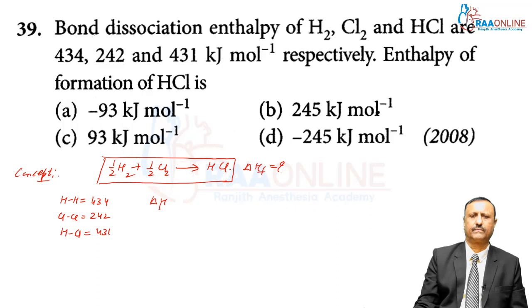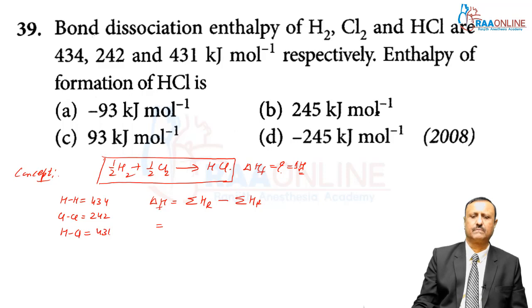This is delta HF, because here delta HF is equal to delta H of reaction. So, you can see here, this is the sigma of HR minus sigma of HP.